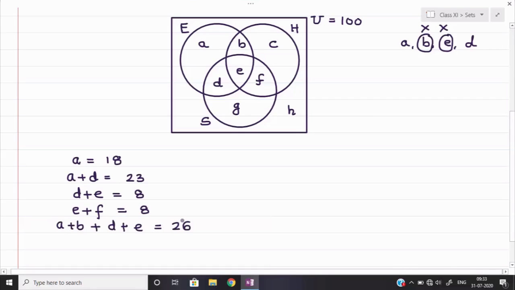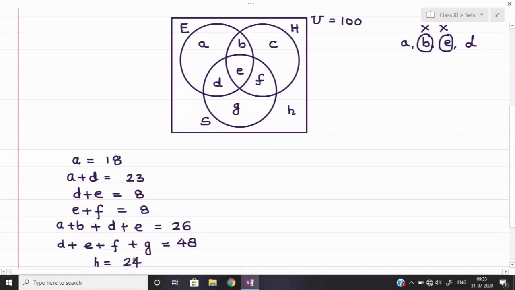Similarly, the total number of students studying Sanskrit, that is D plus E plus F plus G, is equal to 48. And last information, no language, means H value is equal to 24. That is given to us.